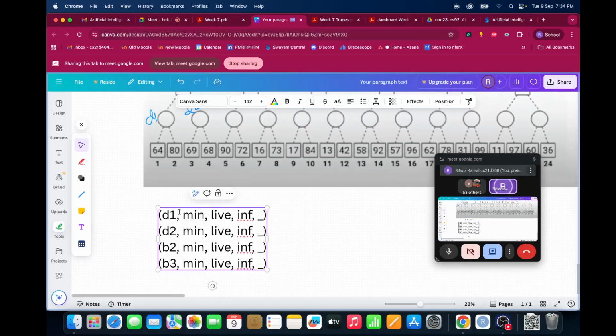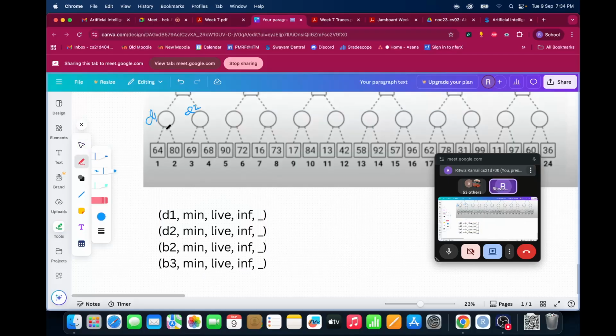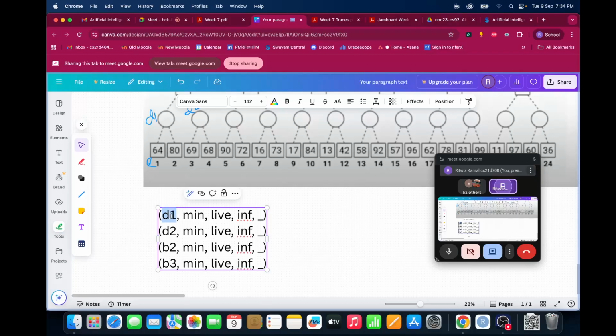Now D1 is at the top, and D1 is a min node, so the leftmost child of D1, which is E1, will be selected, right? So D1 will be popped out and E1 will be added. E1 is a max node, it is currently live, but it will get solved just now.